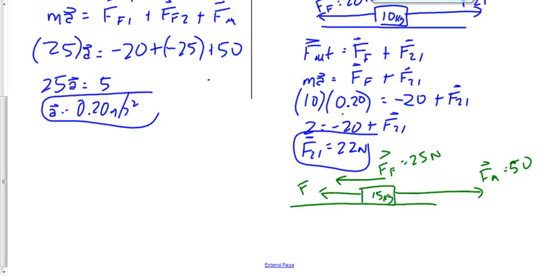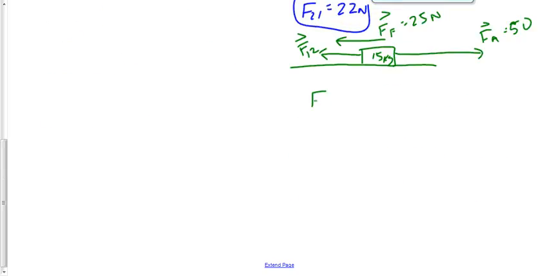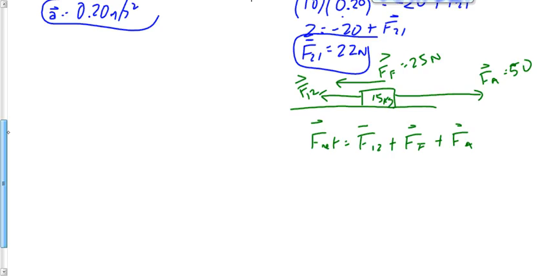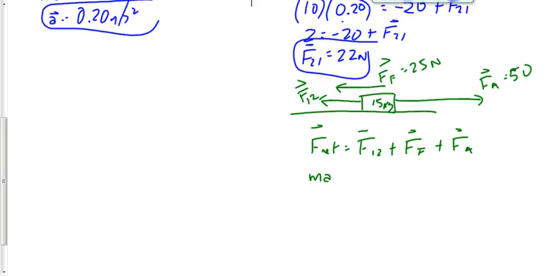Well, I'll call that F1,2, the force of object 1 on object 2. We're going to say the net force is equal to the sum of the forces. We're going to say MA is equal to the sum of the forces. The mass this time I'm going to use is 15. The acceleration is still 0.2 because, again, the system accelerates at that rate.